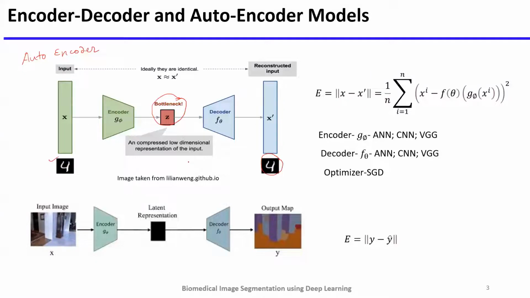So in the autoencoder, for a given input image, using a network or encoder, we get a representation which, using another network, can reproduce that same image. So the whole idea is that x minus x dash should be minimum.